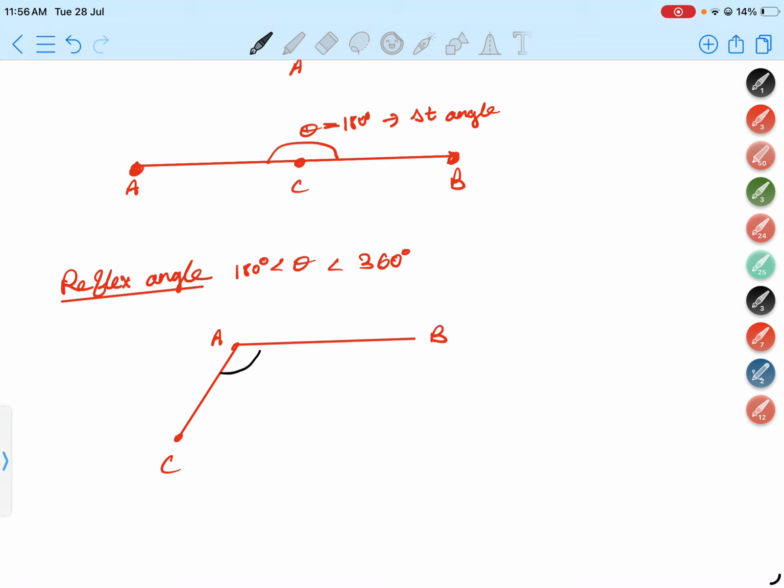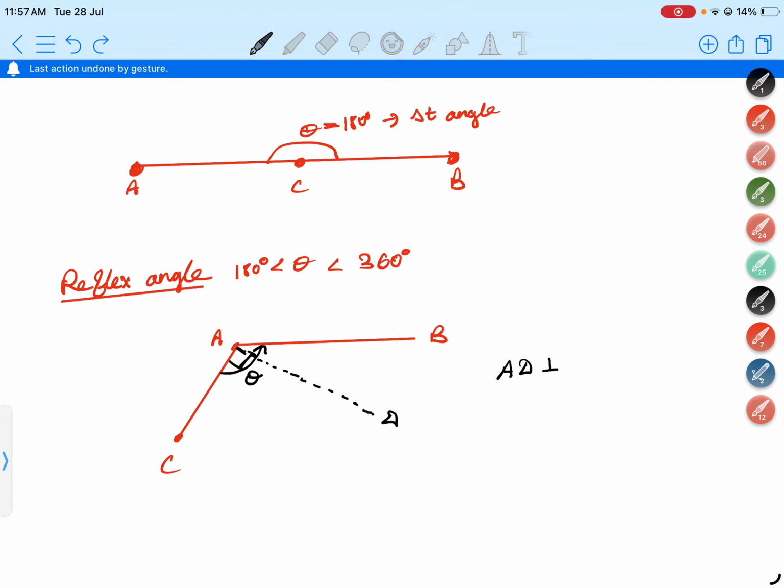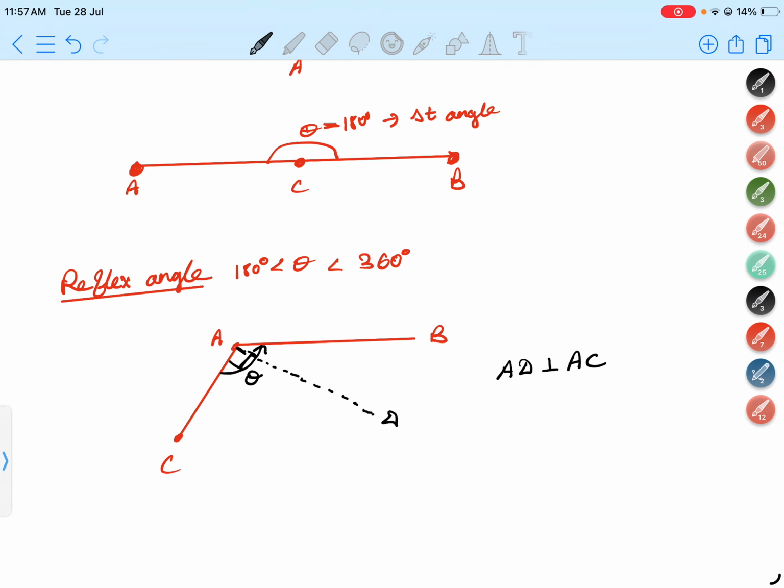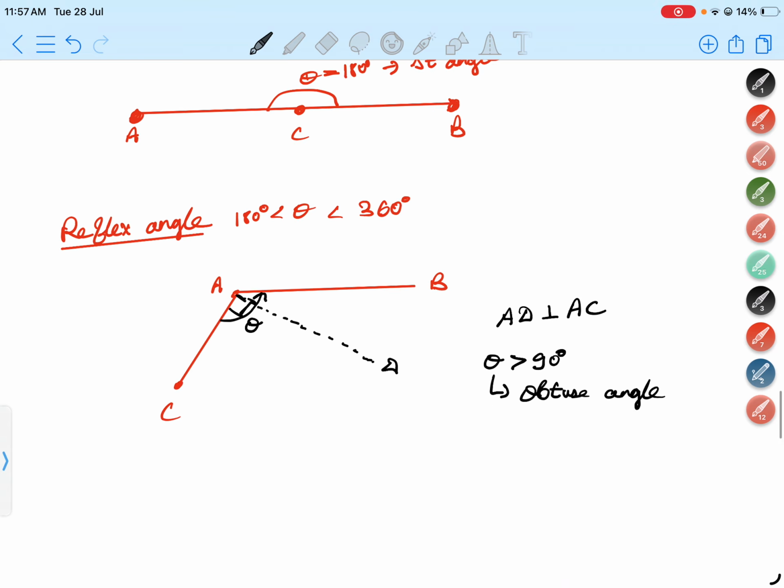If I move from C towards B and I get theta, and this is D. We know that AD is perpendicular to AC. Then we clearly see that theta is greater than 90 degrees, so theta must be an obtuse angle, and which is true, theta is an obtuse angle.